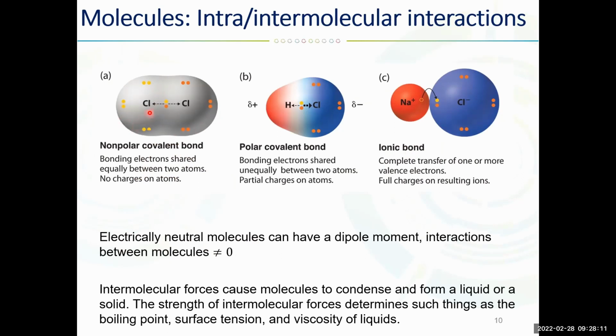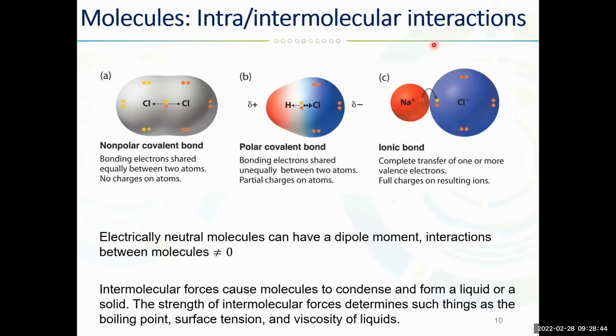Depending on the polarity of the atoms, the chemical bonds can vary from non-polar covalent bond to polar covalent bond and to ionic bond. Depending on how big the charge is, we have different forces between two atoms.